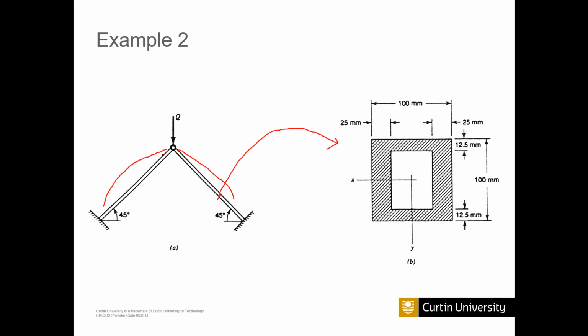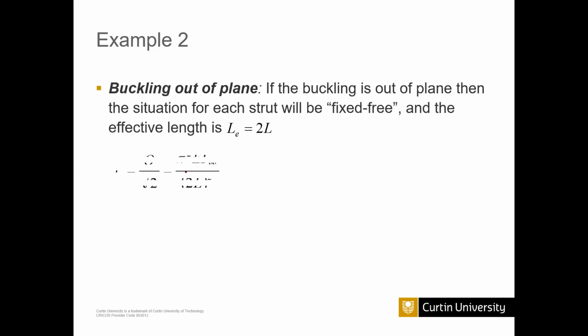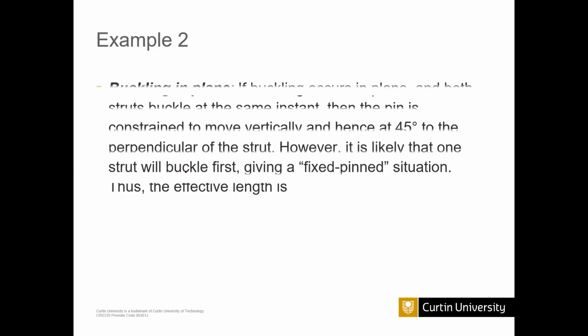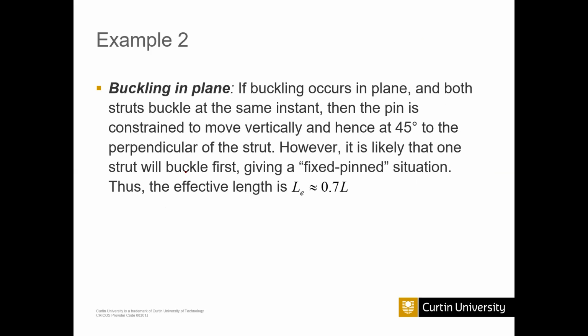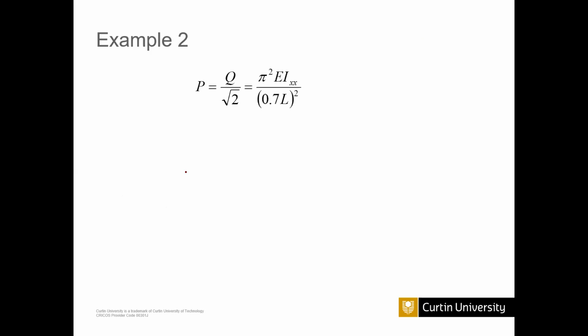In this plane, it is fixed pin end, so you need to consider 0.7 because they didn't provide it. We assume that value approximately because they didn't provide. Then same equation, substitute here effective length and same P value, it will not change.